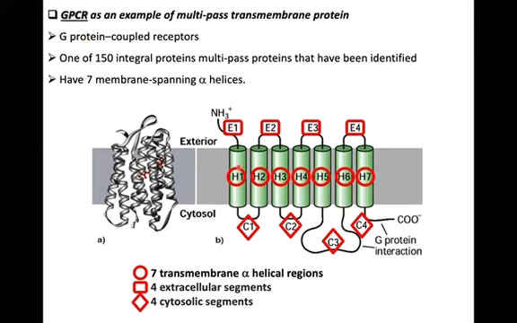That means that this receptor, once activated by the signal from the outside, conveys the signal through C3 and C4 to activate another important protein, which is the G protein. And the G protein binds to that receptor through the C3 and C4 cytosolic segments. That's why it's called C, cytosolic, while the other one is called E, which is extracellular.